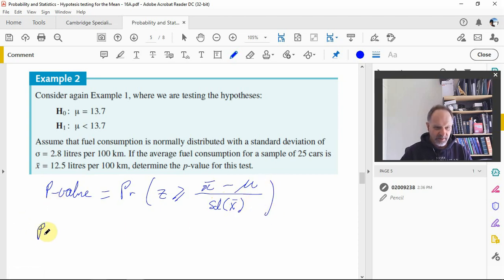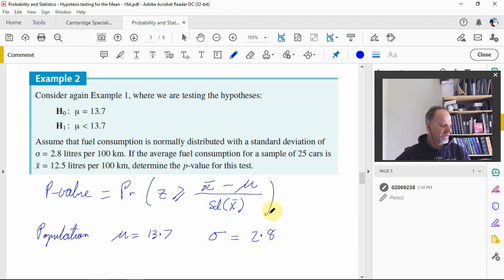So let's have a look at our population. Our mean of our population, we know that's 13.7, because that's what our null hypothesis says. It's exactly the same. Our standard deviation of our population is 2.8.